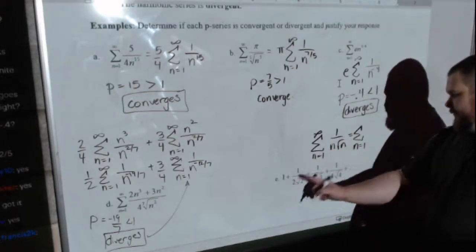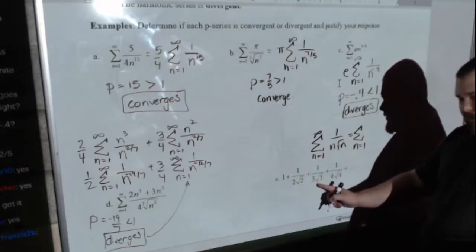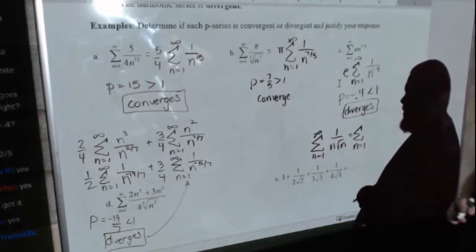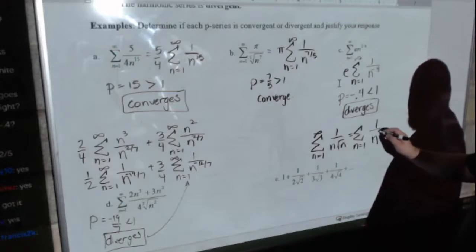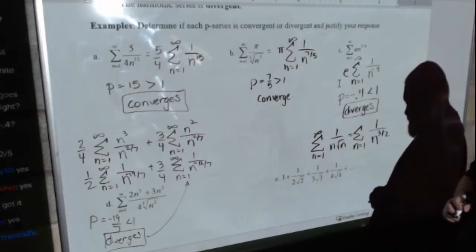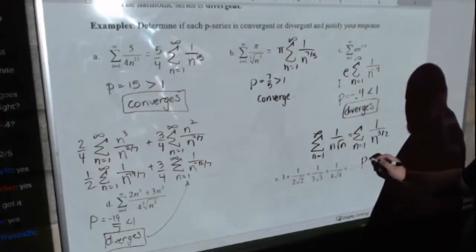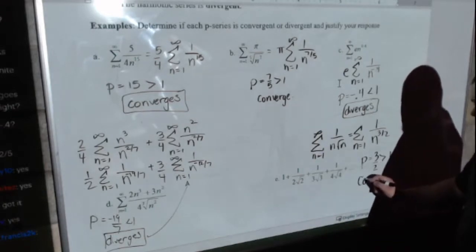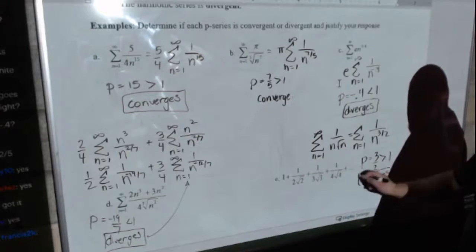Plug in 2, 1 over 2 times root 2. Plug in 3, right? So this works out just fine. N times root n is the same thing as n to the 3/2. So that again is a p-series where p equals 3/2. That's greater than 1. Therefore, converges.